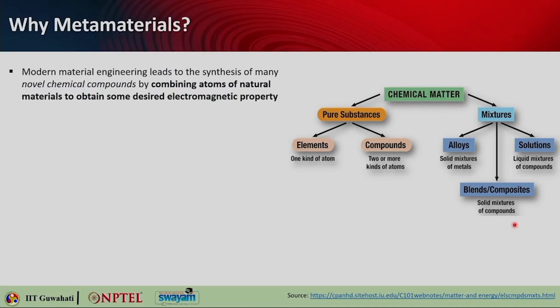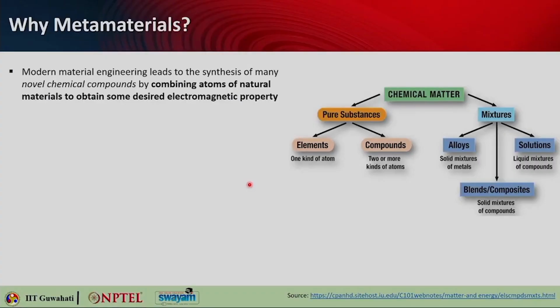So all in all, these are different permutations and combinations of natural materials which are available, right? And why have people explored all this? They want to get some desired electromagnetic properties from those compounds, and that will help them achieve some exotic applications.